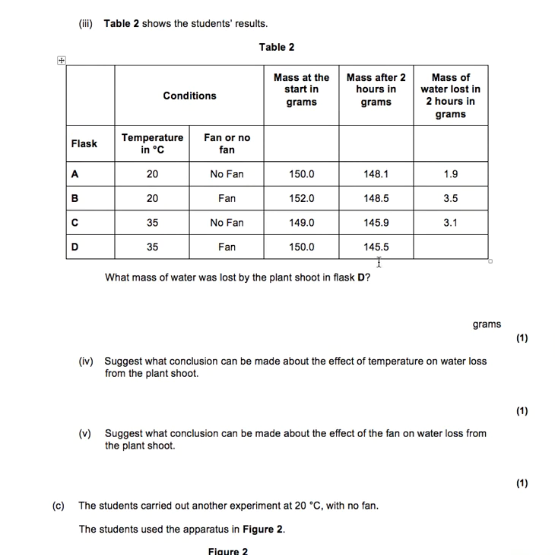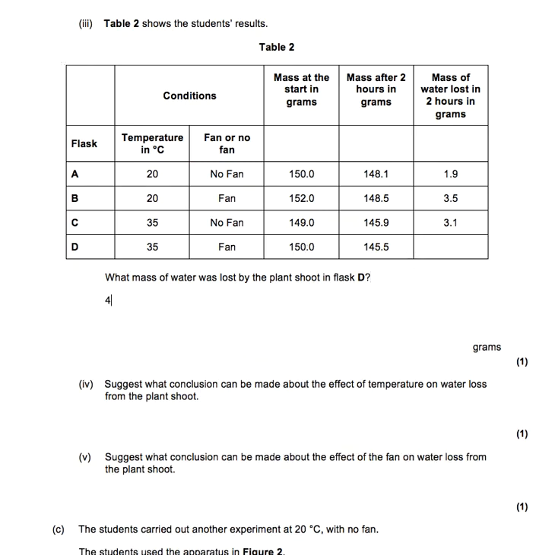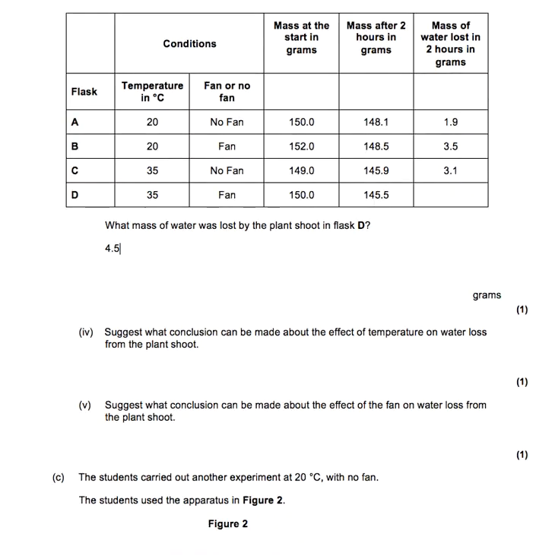So there we have our results and what mass of water was lost by the plant in flask D. Well, the difference between the mass at the start and the mass at the end is 4.5 grams. Suggest what conclusion could be made?